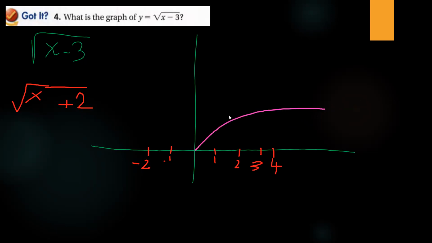Then I shift it 2 units to the left. So if you have x minus 3, you have to shift it to the right, and x plus 2, you have to shift it to the left.